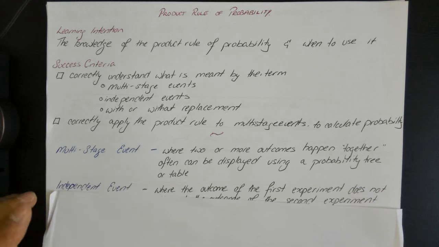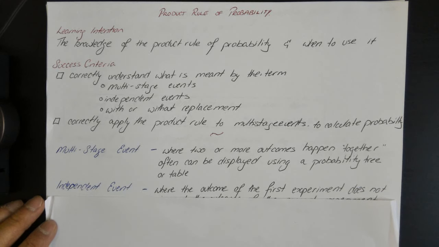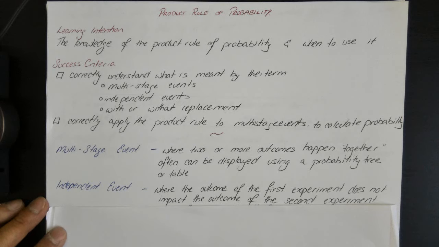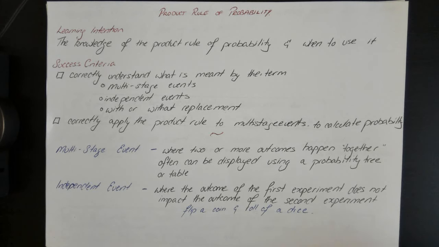An independent event is where the outcome of the first experiment does not impact the outcome of the second experiment. For example, flipping a coin doesn't impact the roll of the dice.